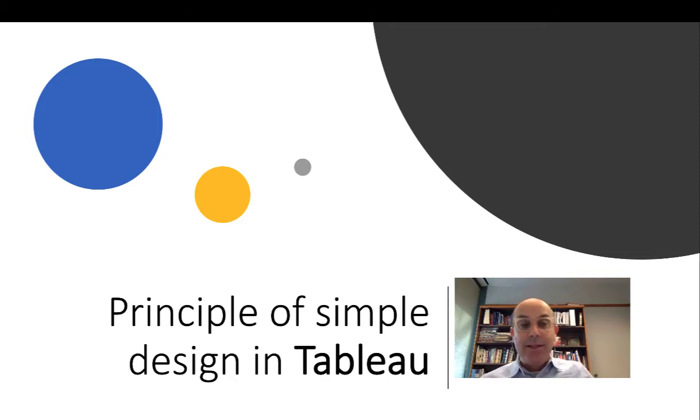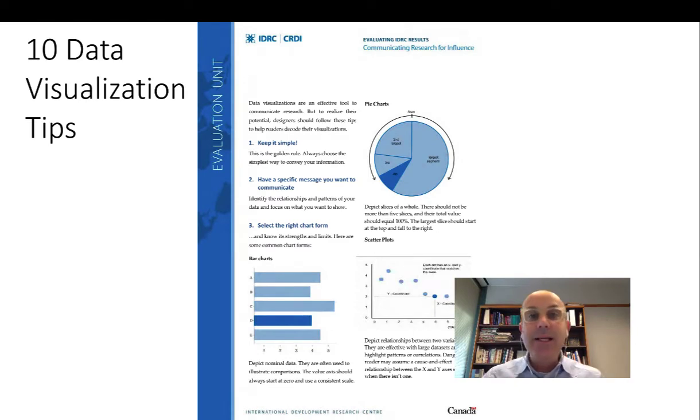Back to the software that we started to play with, which is Tableau. I'm going to take a little bit different approach now from what I did in the past, and I'm going to use other people's principles with regard to simple design in Tableau. And this is from IDSRC, and they came up with 10 data visualization tips for Tableau, which you can apply to any type of visualization that you do.